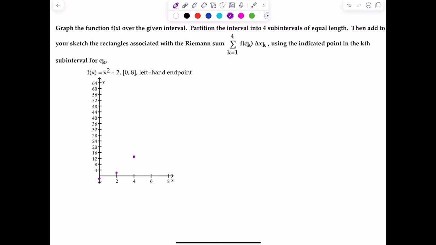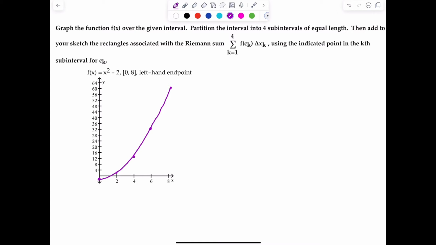F of 6 is 34. And f of 8 is 62. I mean, we know what a parabola looks like. We should. And it's just been shifted down 2 units, okay? So here it is in all its glory.